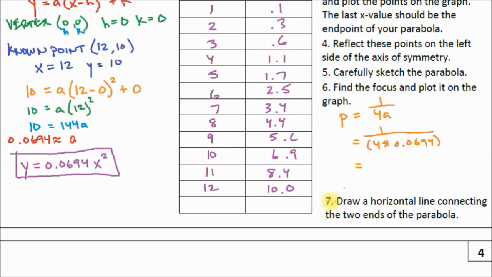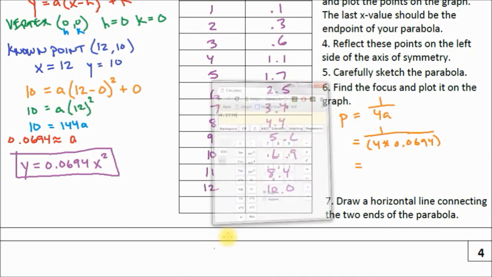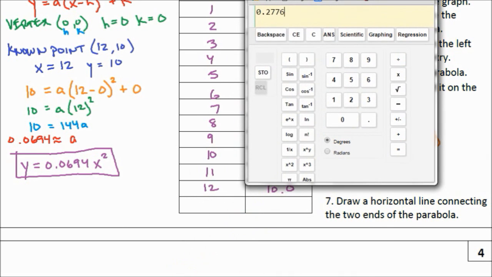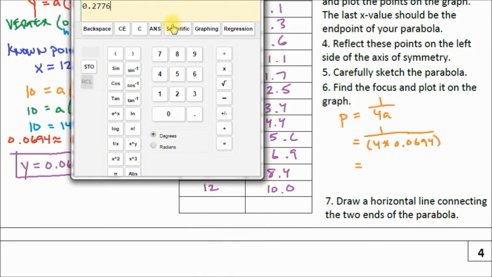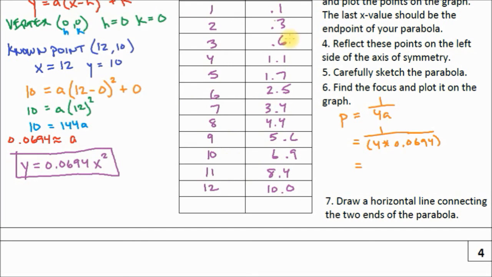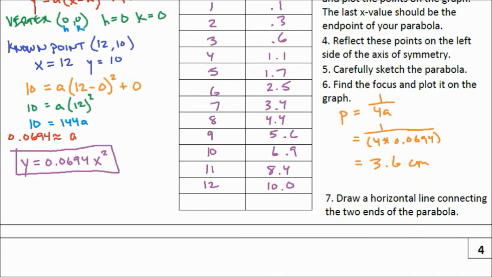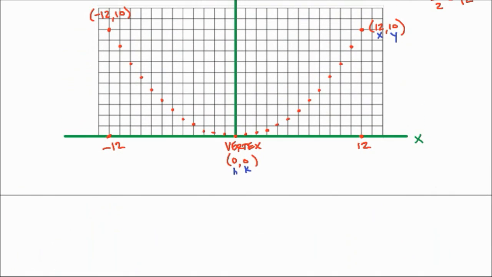Let's put that in our calculator. All right, we got 1 divided by parenthesis 4 times 0.0694 close parentheses, press equal, and we get 3.60. I'm going to round that to 3.6 centimeters.